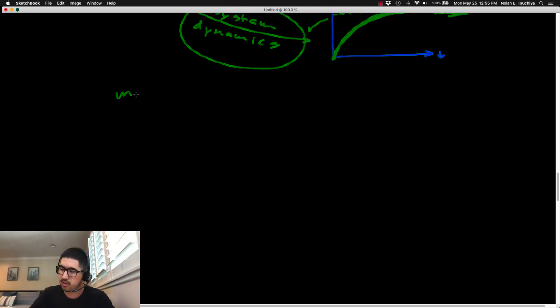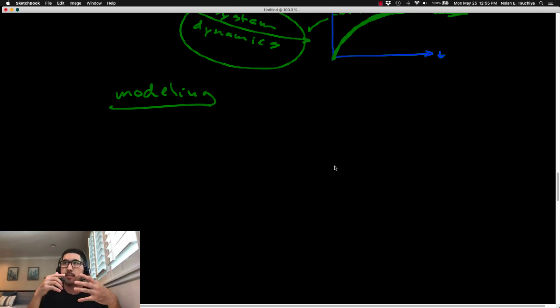Okay, so the modeling process is what allows us to mathematically capture the input-output dynamic relationship. That's what the process of modeling does. And generally, the process of modeling will produce a system of equations that govern the behavior of that particular dynamic system.